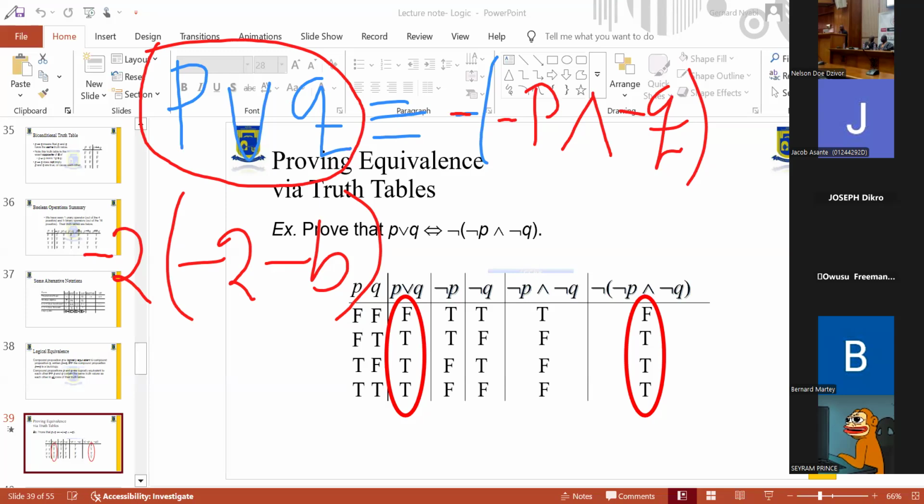Bracket, so -2 times -2 will give you +4, right? So -2 times -b. This negative will now affect this negative to become positive 2b. Is that not so?